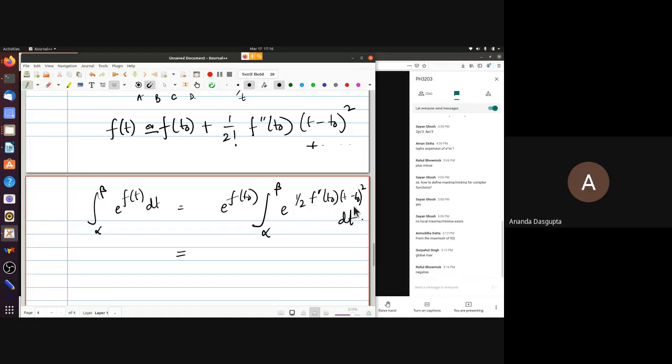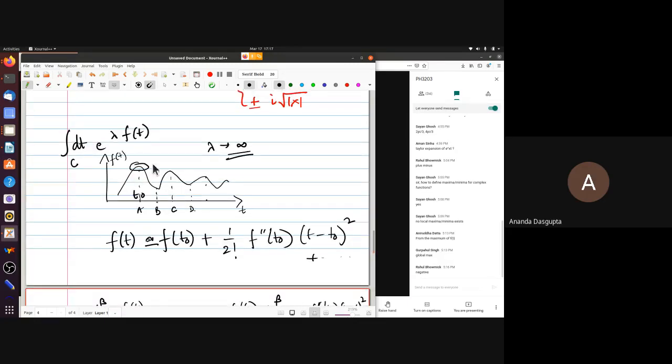And what this shows is that this is basically like a Gaussian, apart from this e to the f(t0), like a Gaussian integral, right? Now you might argue that there are other terms which come in, which are cubic order and so on, but basically way before you get that far away, the contribution only comes from close to the peak, because when you go very far away from the peak, the exponential has already decayed quite a lot.